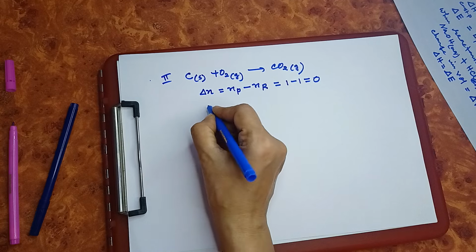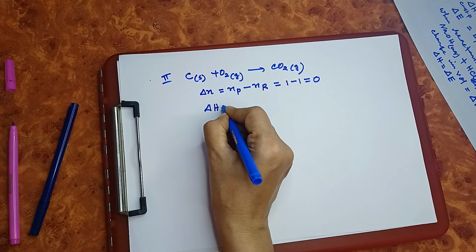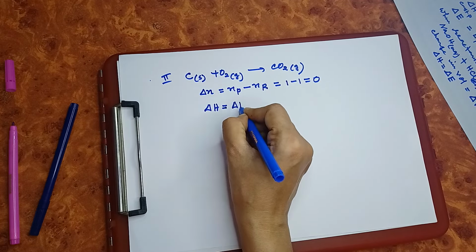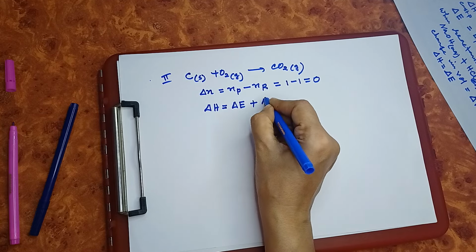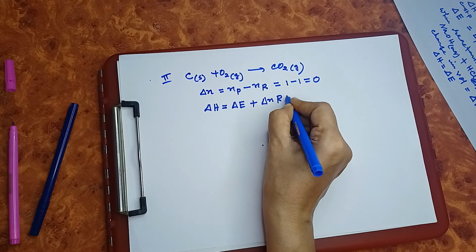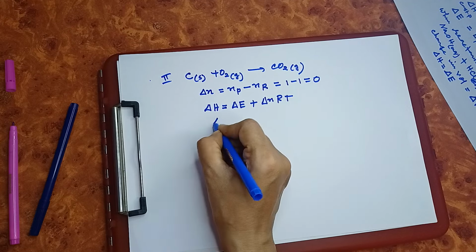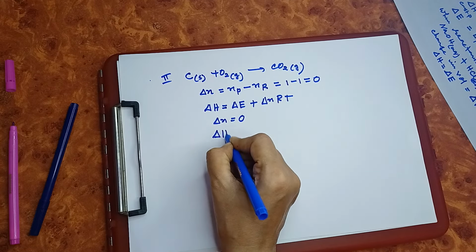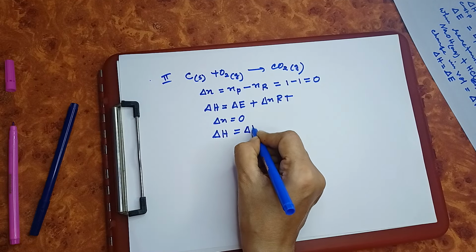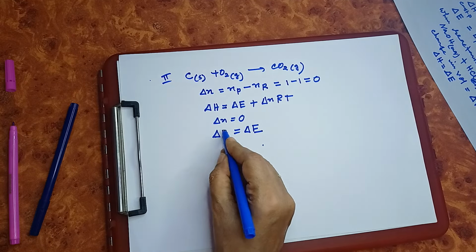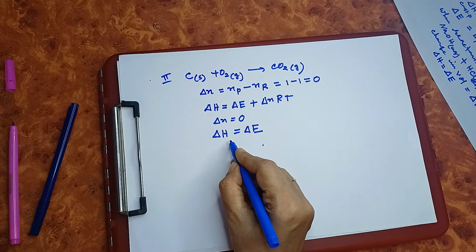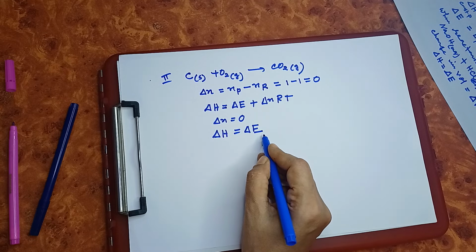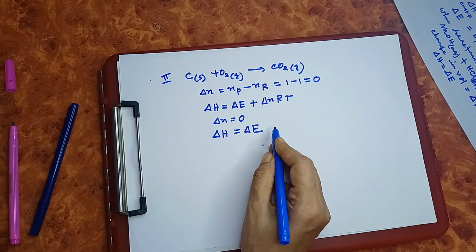In that case also, we know delta H is equal to delta E plus delta N RT. Here delta N is equal to 0, so delta H is equal to delta E. That means heat of reaction at constant pressure is equal to heat of reaction at constant volume.